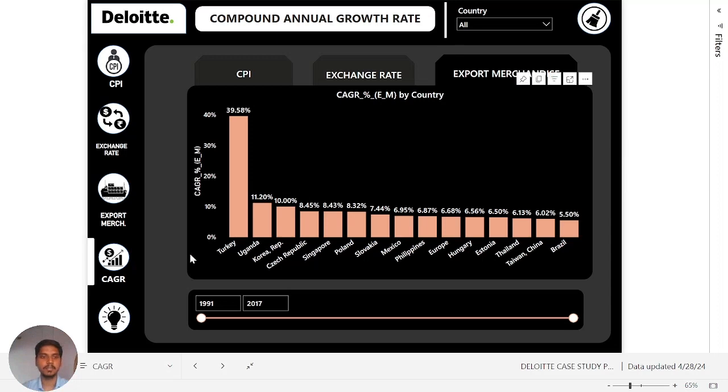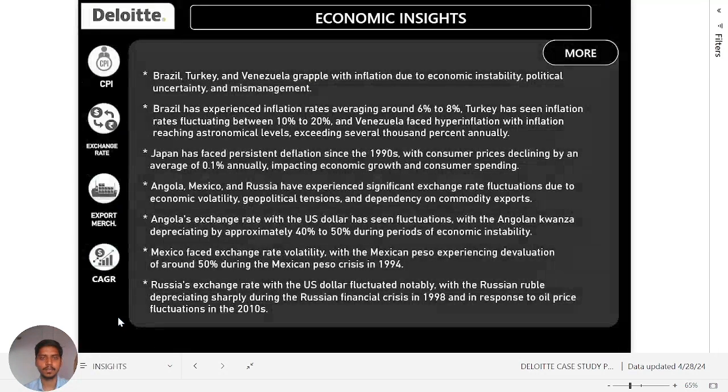Now let us see some insights which we have drawn from this project. So you can see that Brazil, Turkey, and Venezuela grapple with inflation due to economic instability, political uncertainty, and mismanagement. We saw that Brazil has experienced an inflation rate averaging around 6 to 8%.